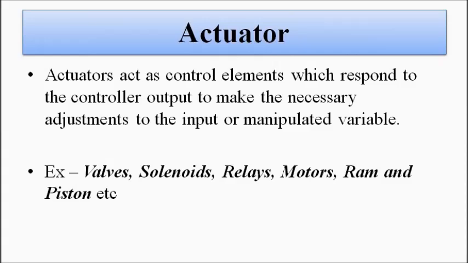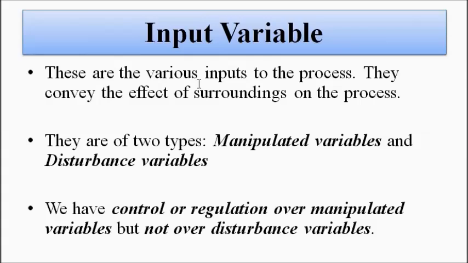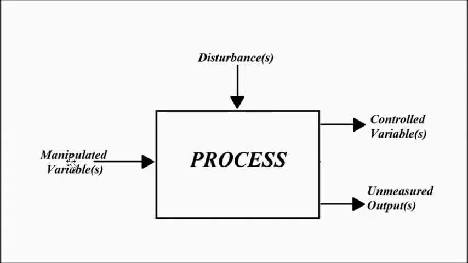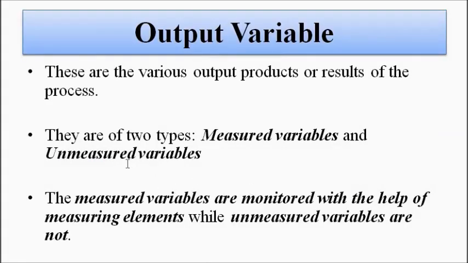The other parameters associated here are the input variables. There are various inputs to the process. Two types of inputs are there, as I said. First is the manipulated variable, which directly controls the output variable or the controlled variable. Then the unnecessary inputs called disturbances.